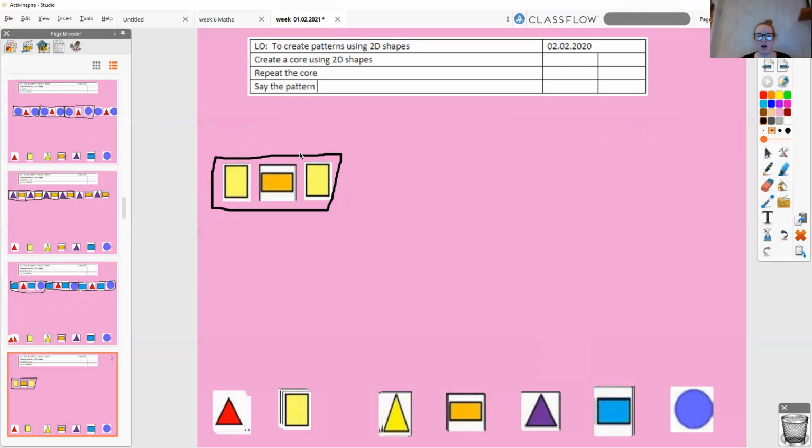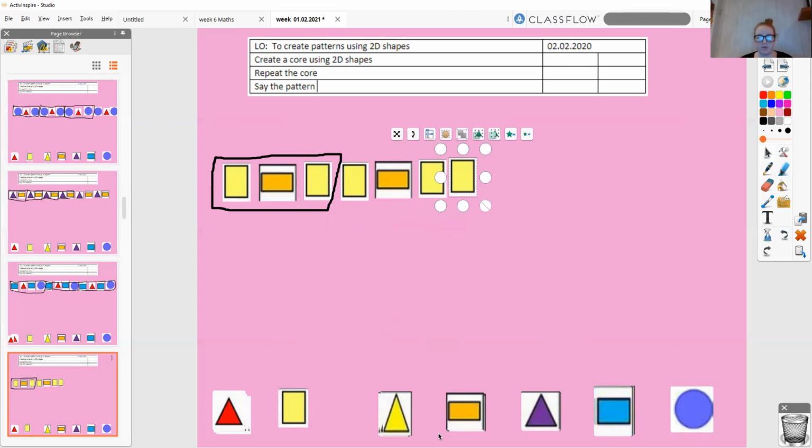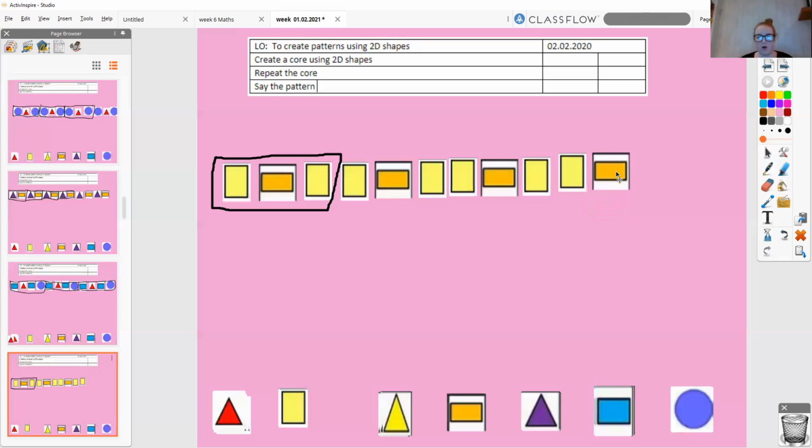It needs to start with the start of my core. It's going to be a yellow rectangle, orange rectangle, yellow rectangle. Fantastic. Let's check I've got all my cores correctly.